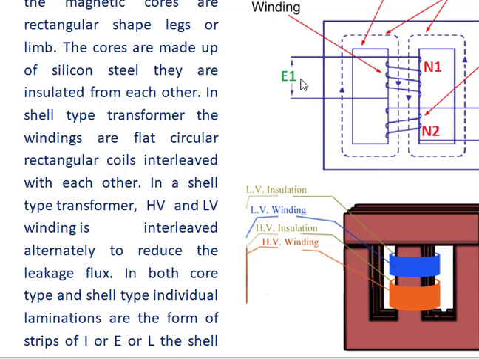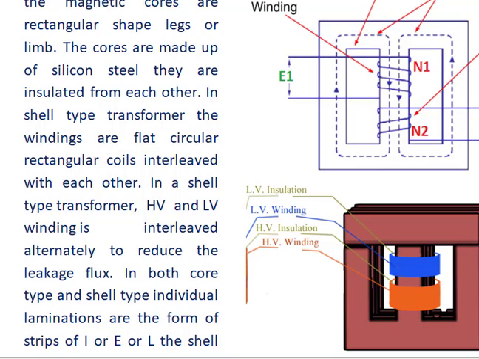E1 is the input voltage, that is the high voltage. The number of turns in the primary coil, the blue color, is N1, and it is the number of turns of the secondary coil.